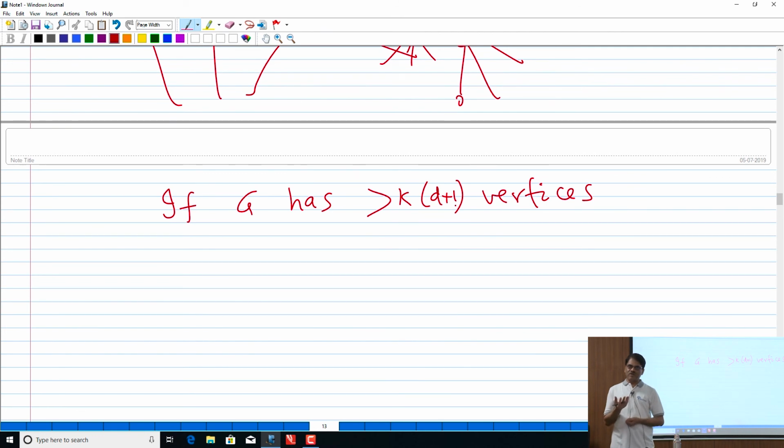One vertex can dominate at most d plus 1 vertices, and you are giving me a budget of k vertices to dominate everybody. So together they can only dominate k into d plus 1 vertices. So if the graph has more than k into d plus 1 vertices, I will say it is a no instance, otherwise I am done. I have a kernel with k into d plus 1 vertices.